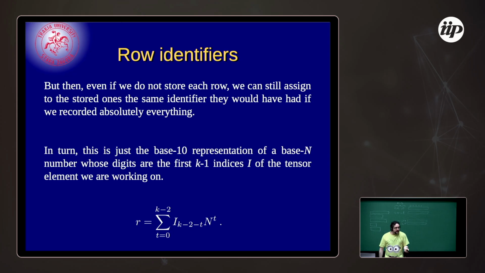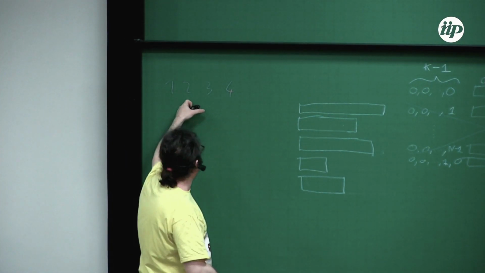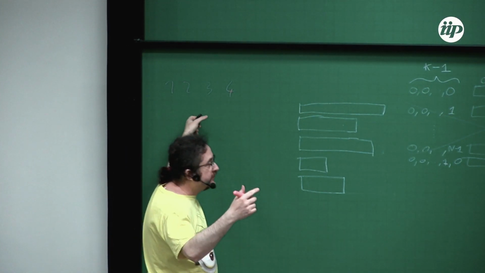Okay? And the formula is nothing like magic. This is simply what I just said, but written like that. It's like saying, if you take the number 1, 2, 3, 4, it's 4 units, 3 tens, 2 hundreds, 1 thousand.